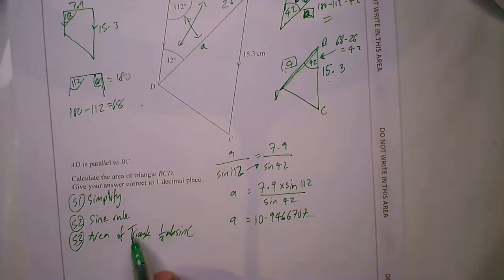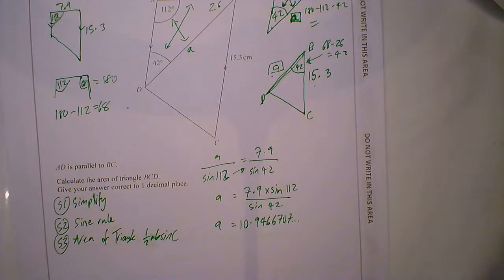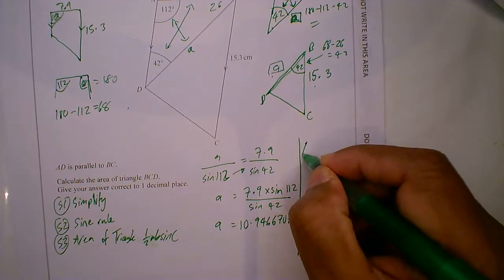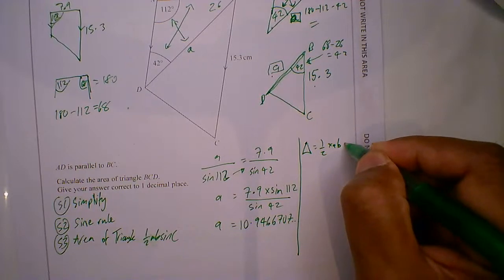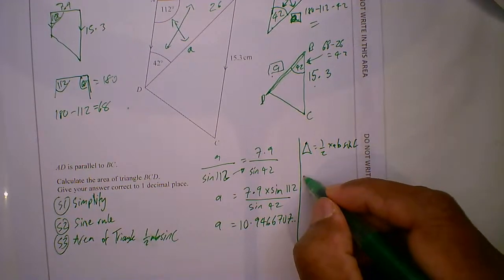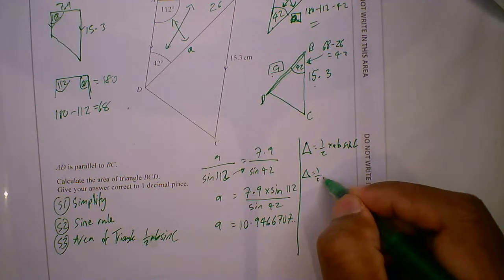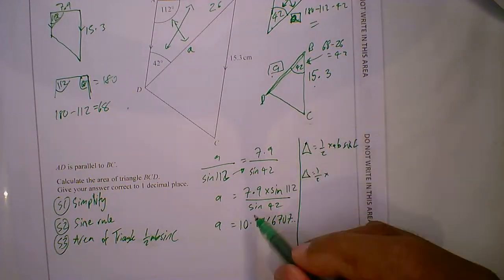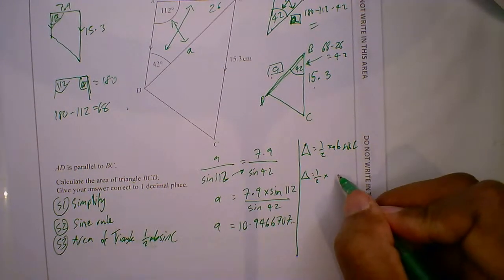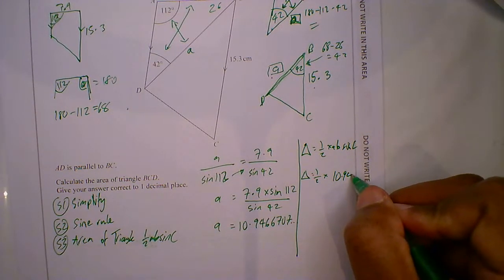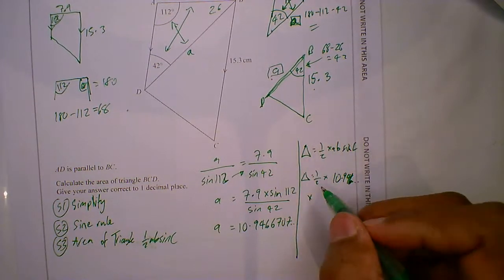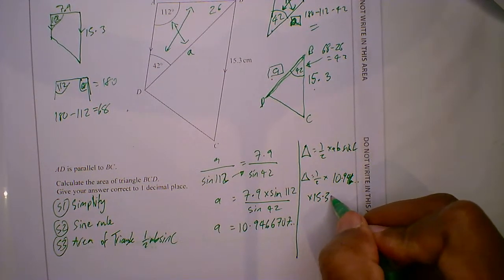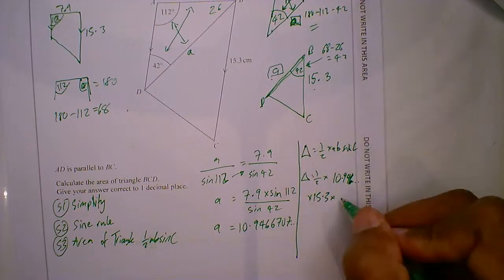So using the area of a triangle, area of a triangle is half AB sine C. So that is going to be half times what I've got here, 10.946 times by 15.3 times by my sine 42.